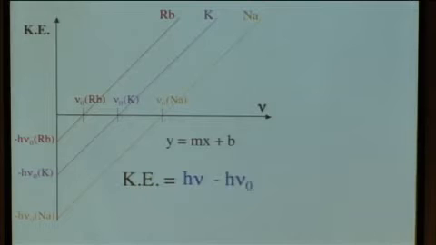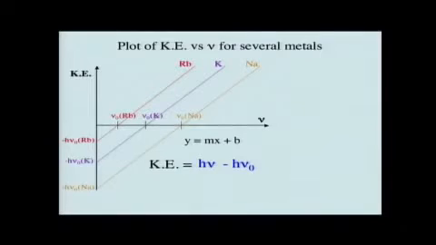And then we can plug in what b is, the y-intercept, because that's just the negative of h times that threshold frequency. So we have this new equation when we're considering the photoelectric effect, which is that the kinetic energy is equal to h nu minus h nu threshold of the metal.